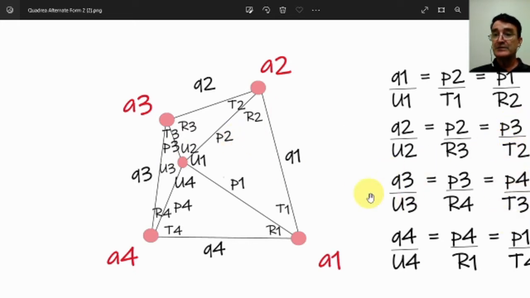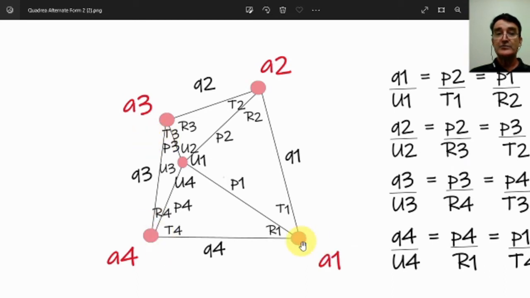The next set of equations is for triangle A3, A4, A5: Q3 divided by U3 is equal to P3 divided by R4, and that's equal to P4 divided by T3.